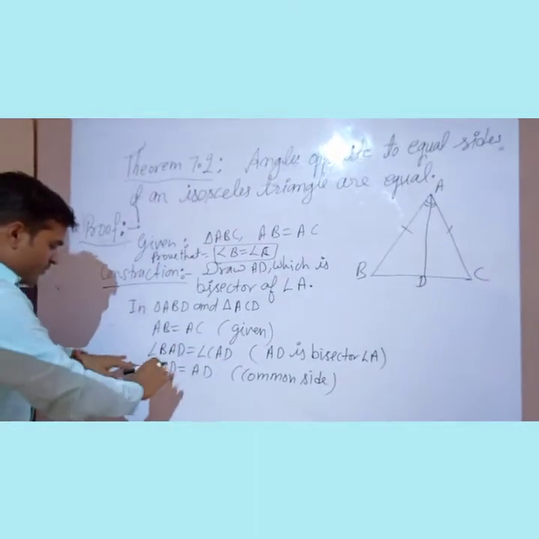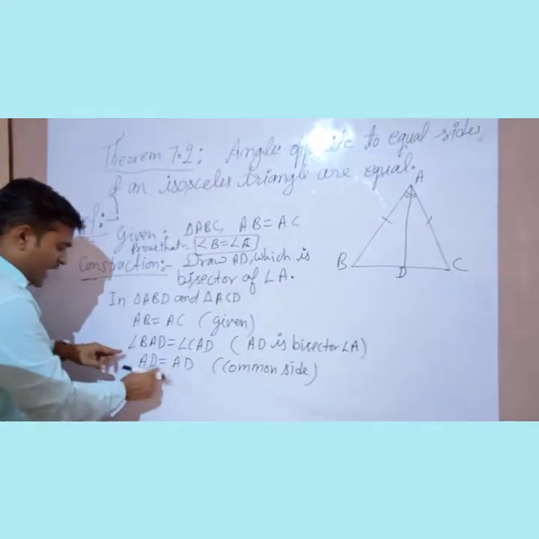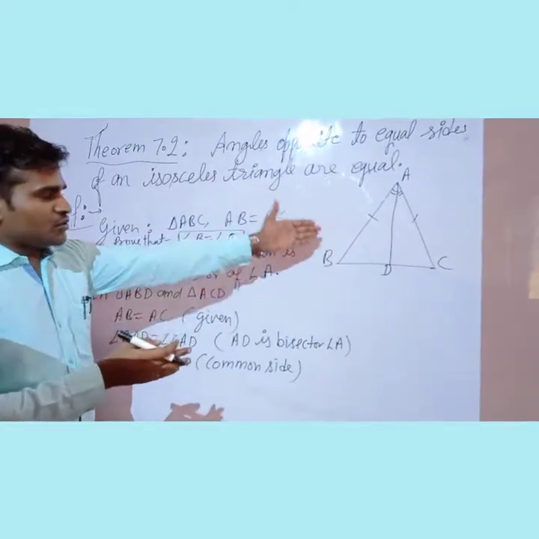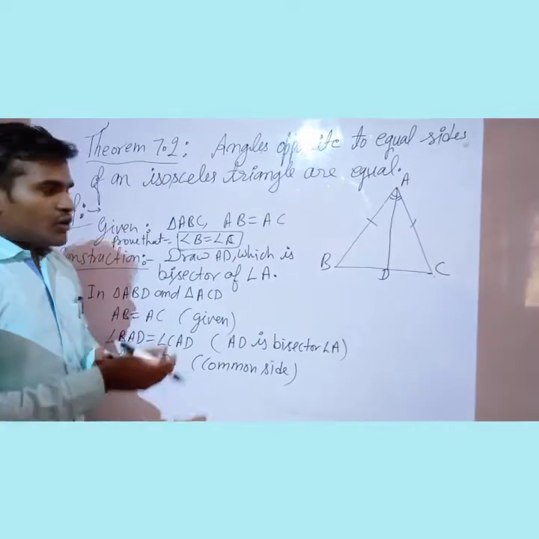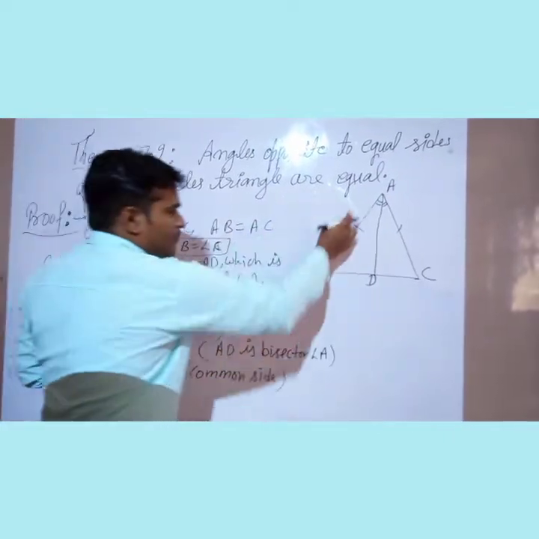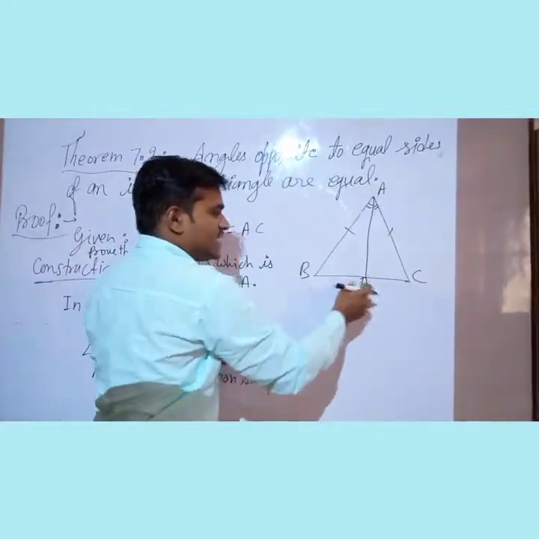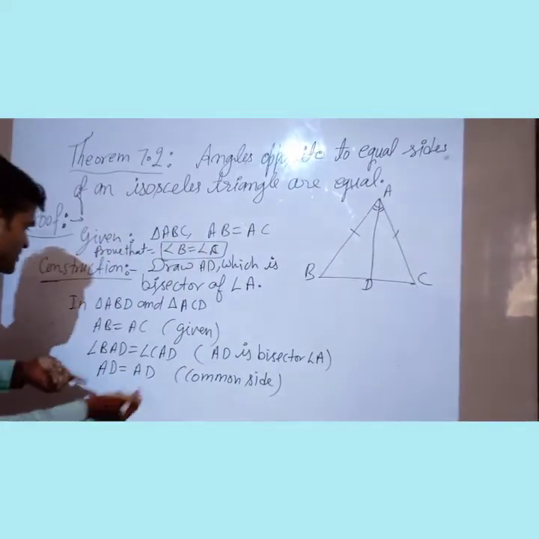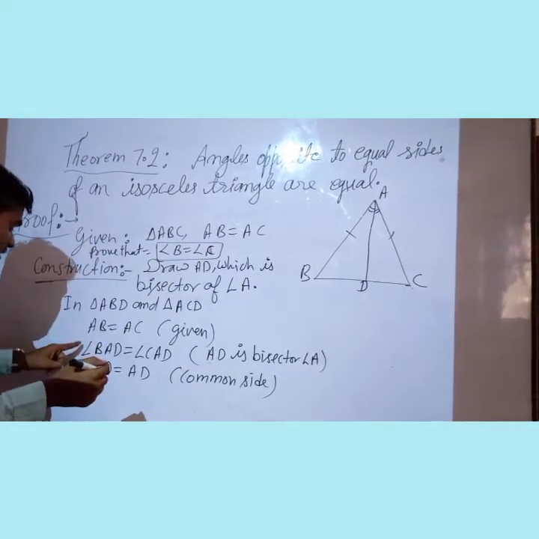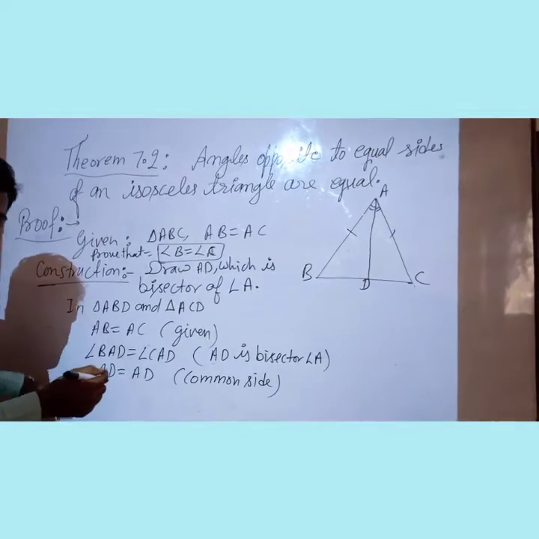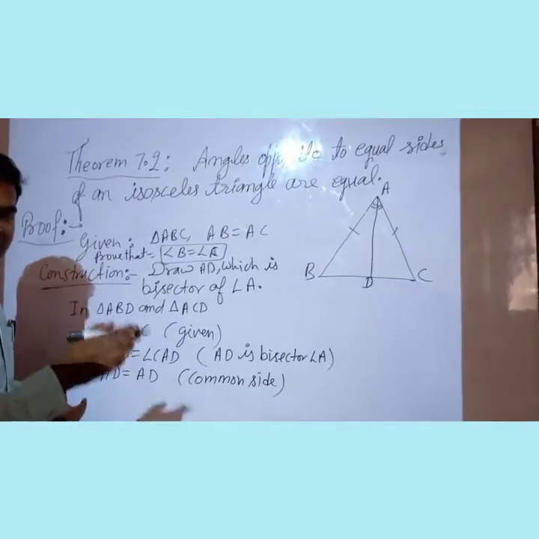So if two sides and one angle of these two triangles are equal, then children, triangle ABD and triangle ACD are congruent by a congruency rule. Which criteria? SAS congruency criteria.